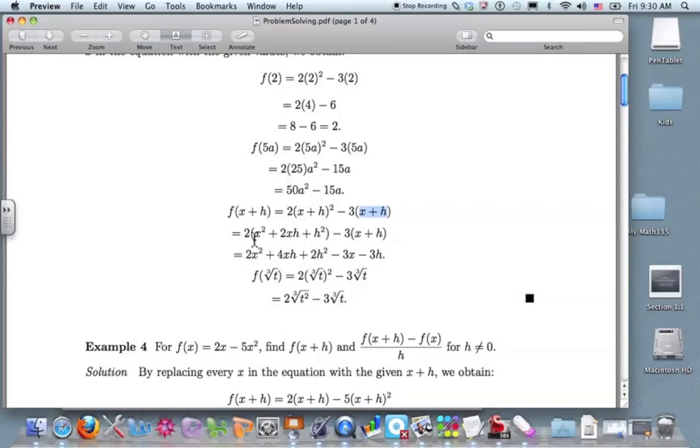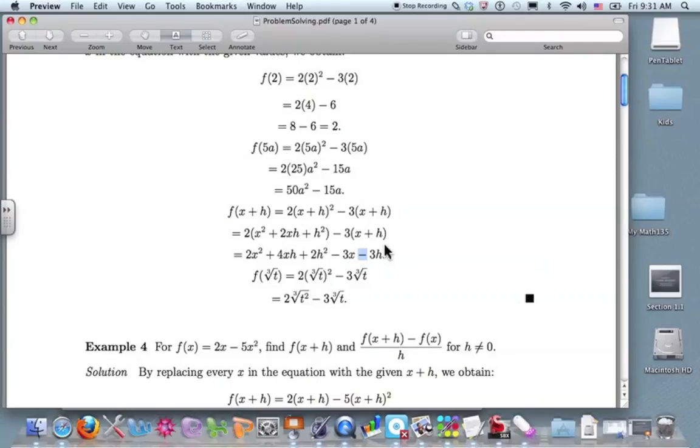Be careful: we need to distribute the 3 into each term, square x plus h out, and distribute 2 into each term. That gives us 2x squared plus 4xh plus 2h squared, and minus 3x and minus 3h. We need to distribute the negative sign into the parentheses.